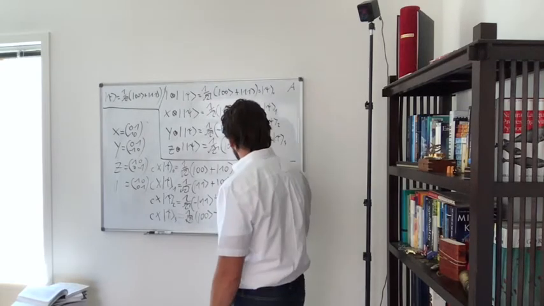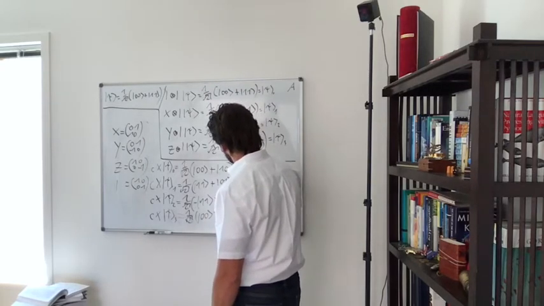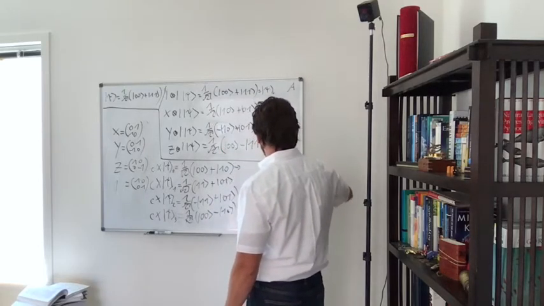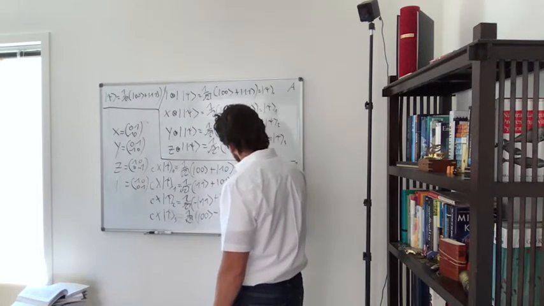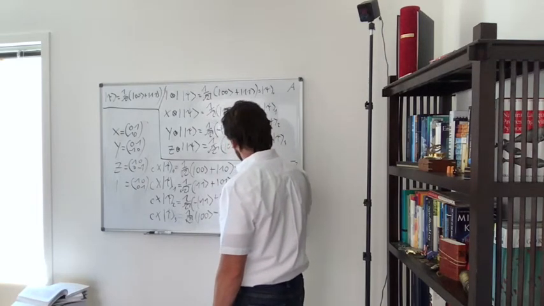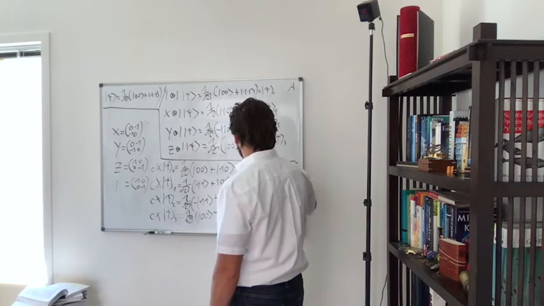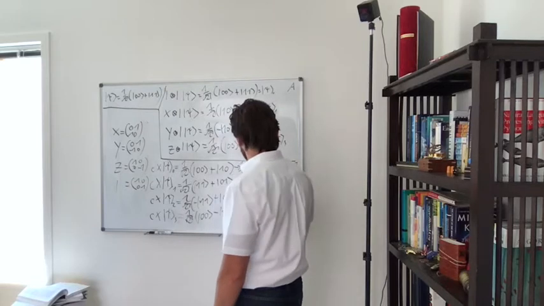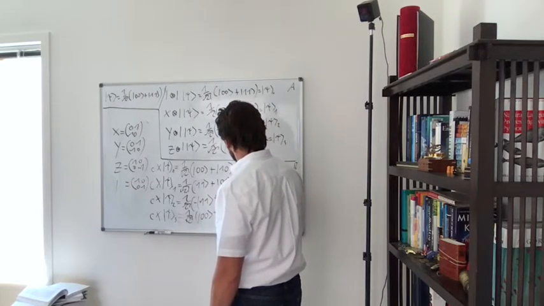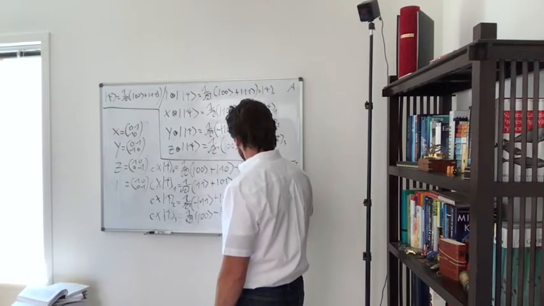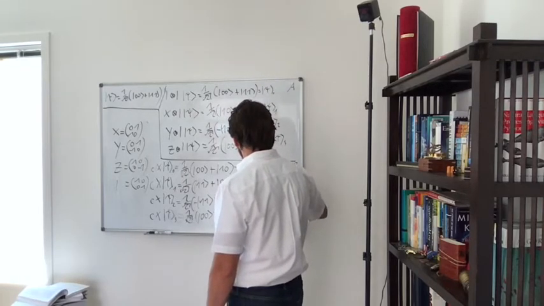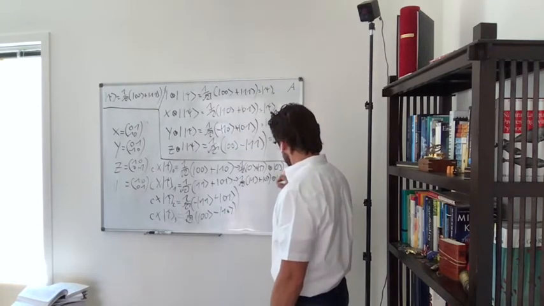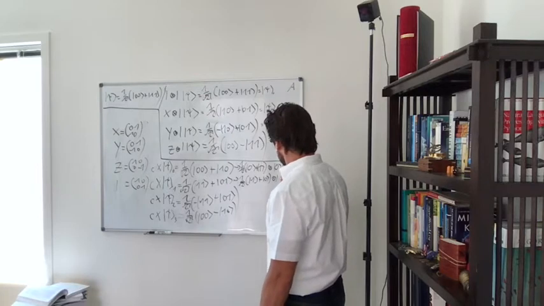So what Bob can do is, let's just write it in a different way. He can write that very first state as 0 plus 1, 0. Second one as 1 plus 0, 1.